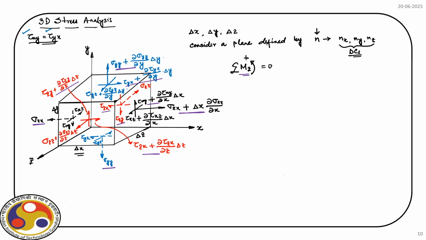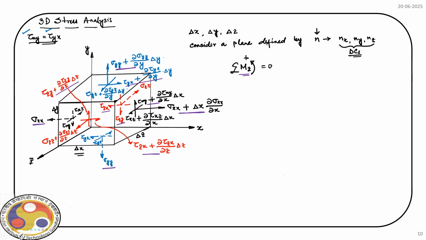So, we have identified, obviously, we have to find out the moment caused by each of them, and then we will solve this equilibrium problem. So, let us consider the first one, sigma x x.